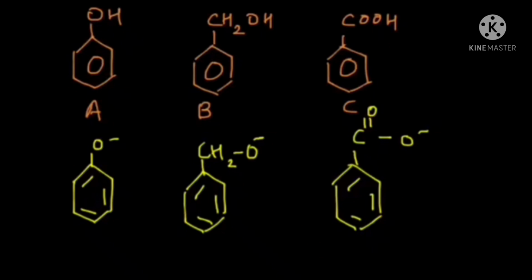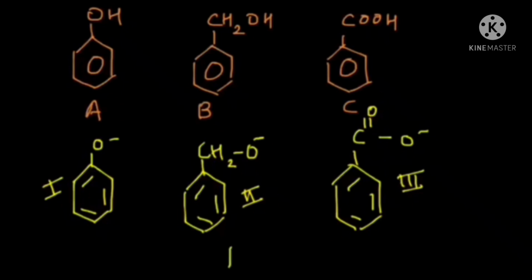Now we should arrange them in their order of stability. As you can see, there is negative charge on the oxygen atom in each of the cases. So we will try to decide the stability with the help of resonance. And you can see that in structures 1 and 3, the negative charge is stabilized by resonance.